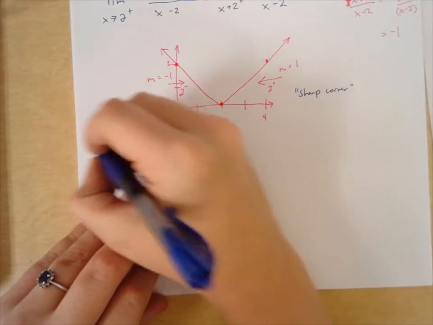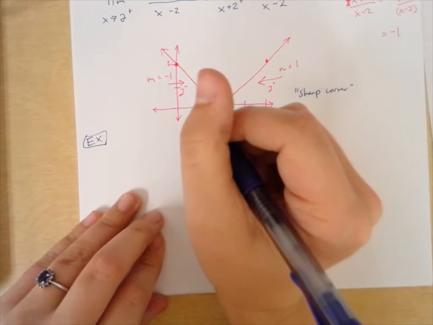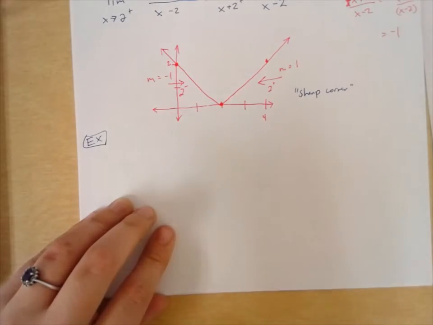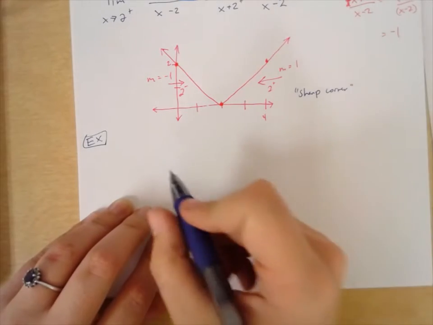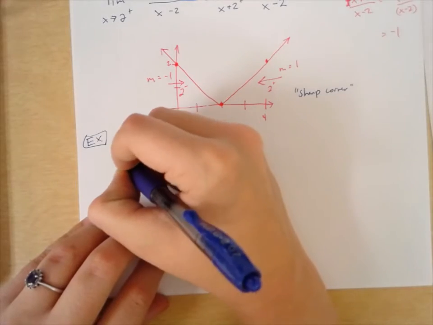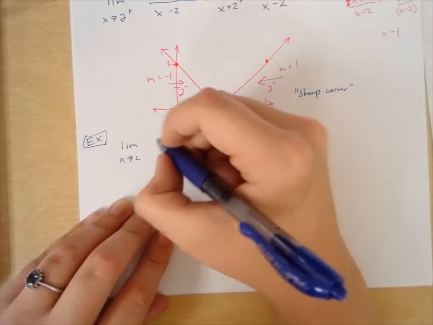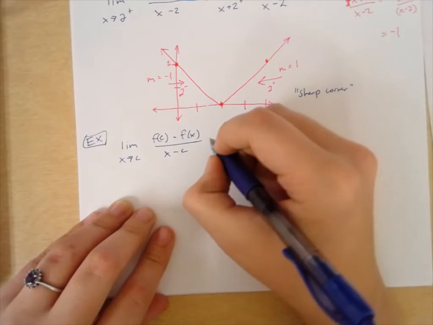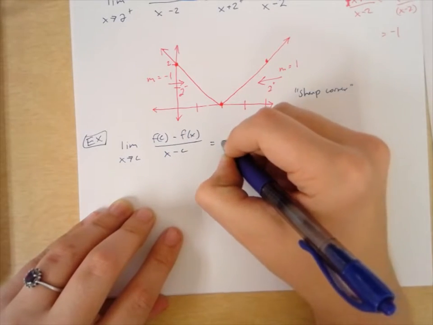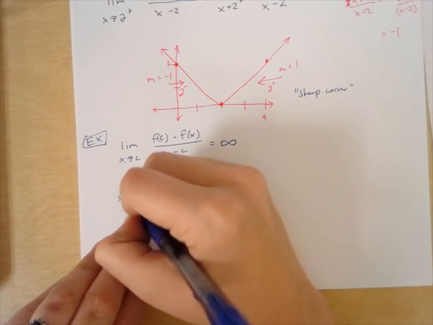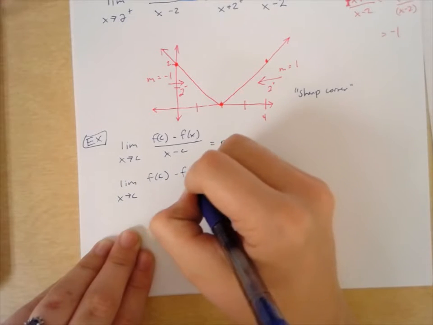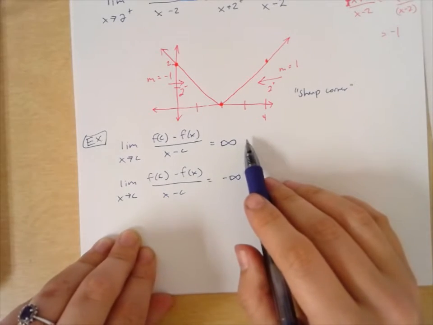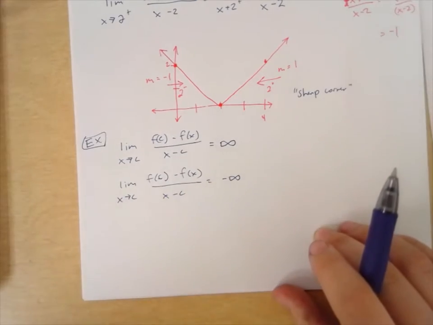And now let's talk about that vertical tangent line. Alrighty, so if we were to have anything where our function, when we take the limit as x approaches c into that rate of change formula, so f of c minus f of x all over x minus c, and we found that that was either positive infinity or negative infinity, remember, getting a positive infinity or a negative infinity, that just means undefined.